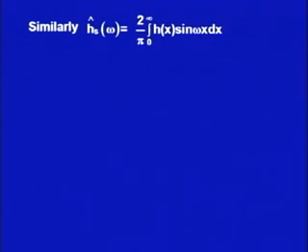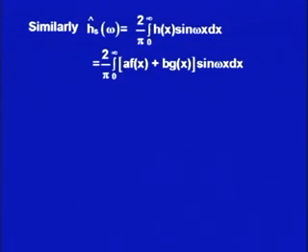Similarly, if I try to find the Fourier sine transform of h, by definition it will be 2 upon pi integral 0 to infinity h(x) sin(omega x) dx. Now, substitute the value of h, that is a f plus b g, we get 2 upon pi integral 0 to infinity of (a f(x) plus b g(x)) multiplied with sin(omega x) integrated with respect to x. Again using the properties of definite integral, break it into two integrals.